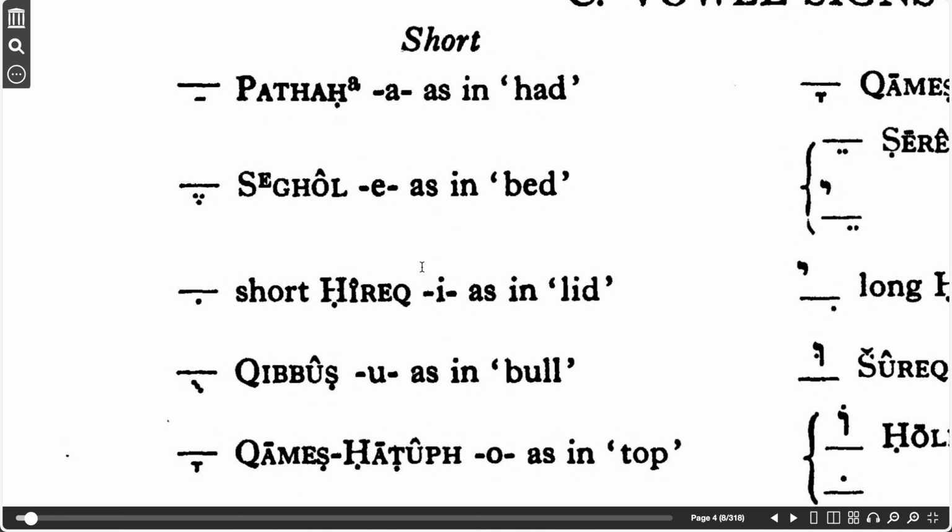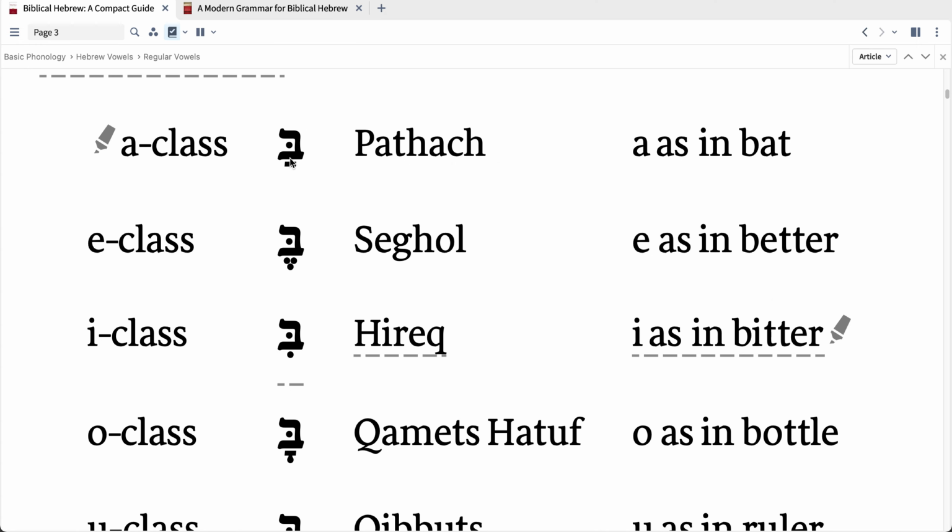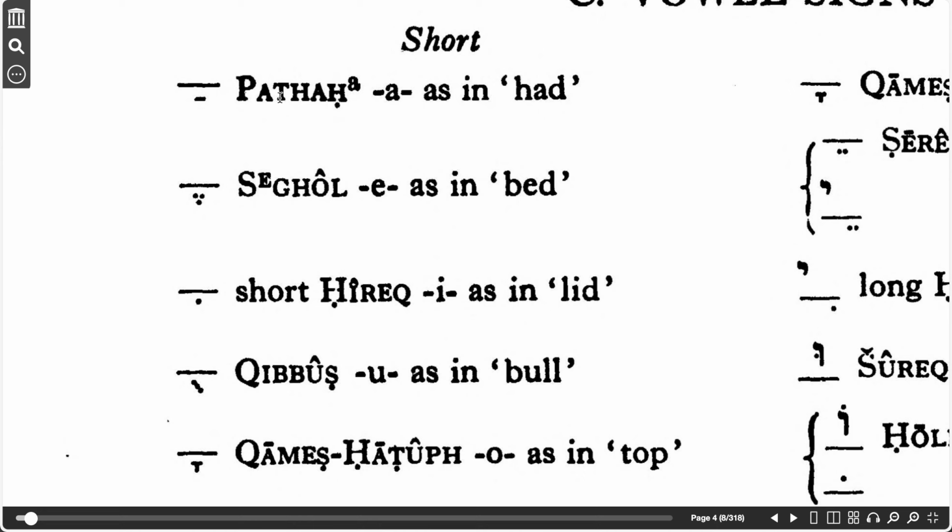But I have the letters, so it's going to look like this, with the vowel point underneath, and on the other side of the card would be this kind of information here. That way you could memorize these and learn these as you need to, because you've got to learn these just as much as you have to learn the consonants.